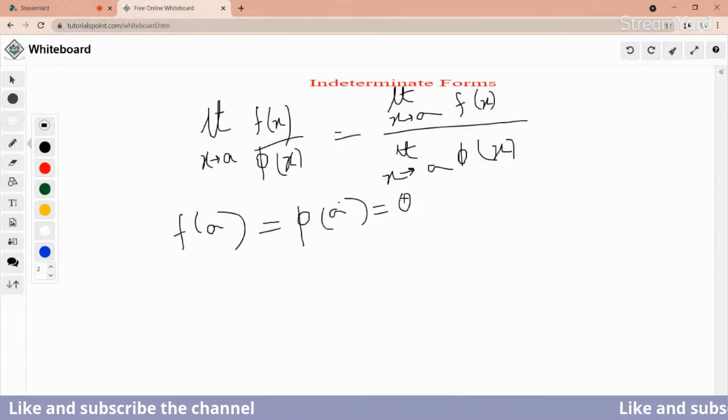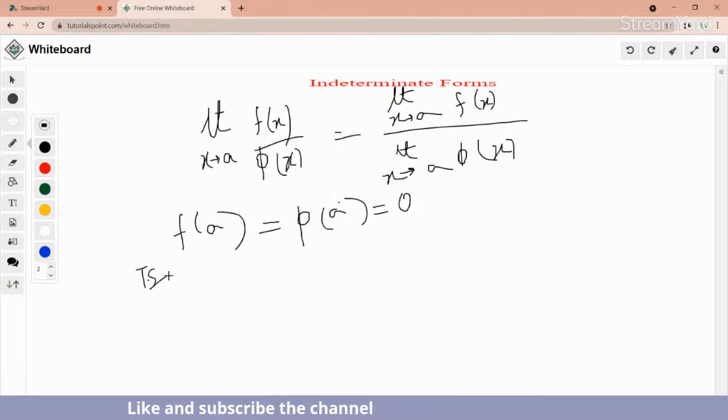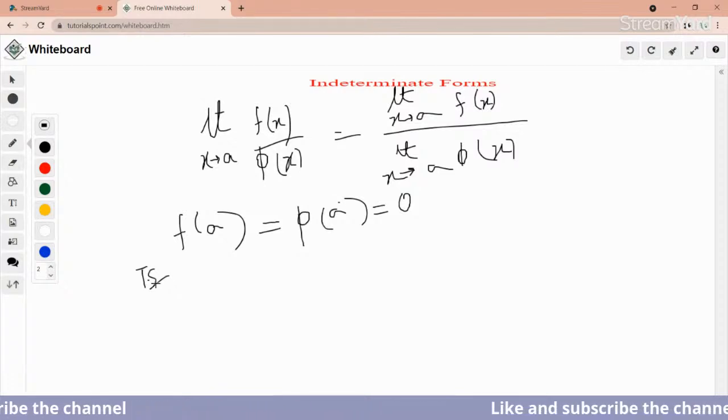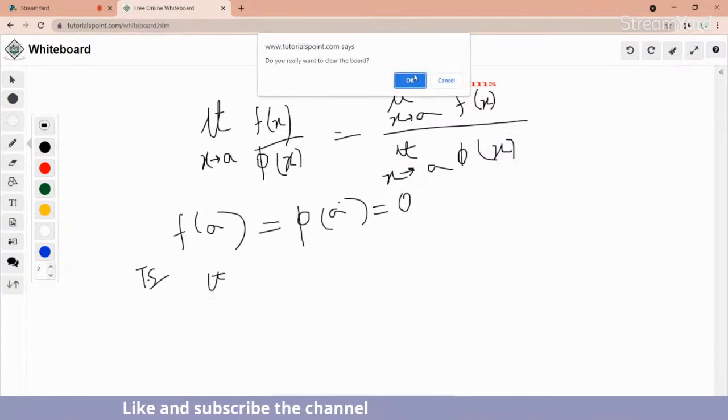So by Taylor series theorem, let me take a fresh page.